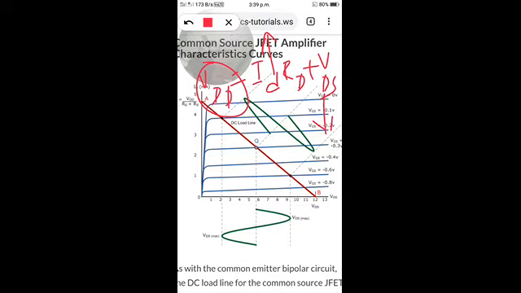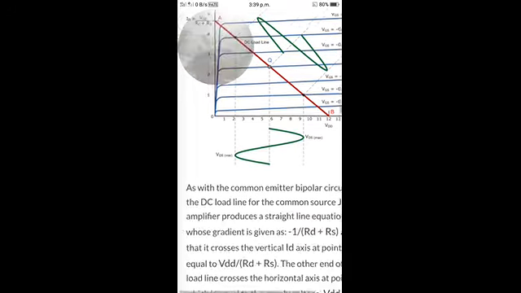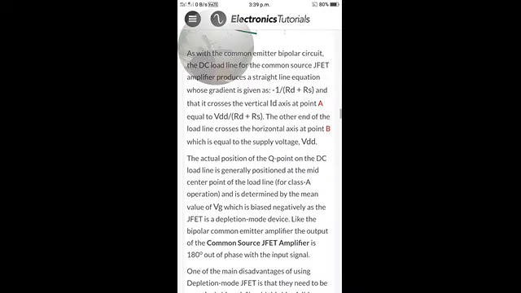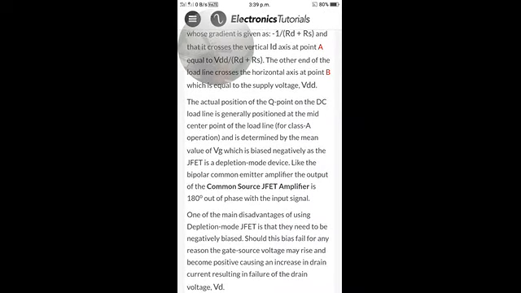So with an increase in the gate voltage VG, there is an increase in the drain current, that is going to decrease the drain to source voltage. So we have a phase shift of 180 degrees between the input and output signal.